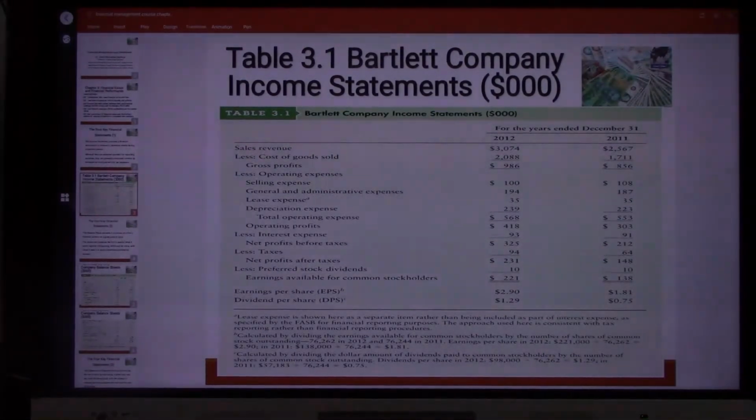Part of this net income will be paid as preferred stock dividends, so the remaining part will be known as earnings available for common stockholders.